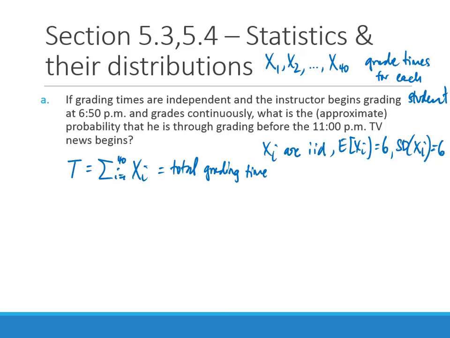We want the probability that T is less than something. If we go from 7 to 11 and add 10 minutes, that's 250 minutes. So we want to make sure he's done before 4 hours and 10 minutes go by, which is 250 minutes.